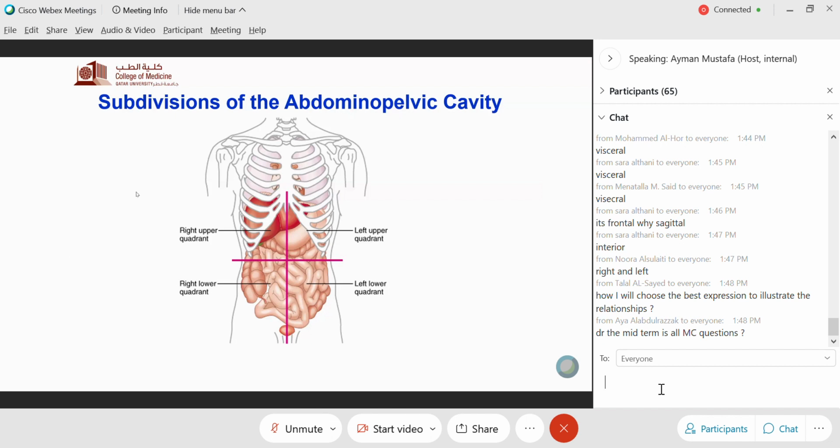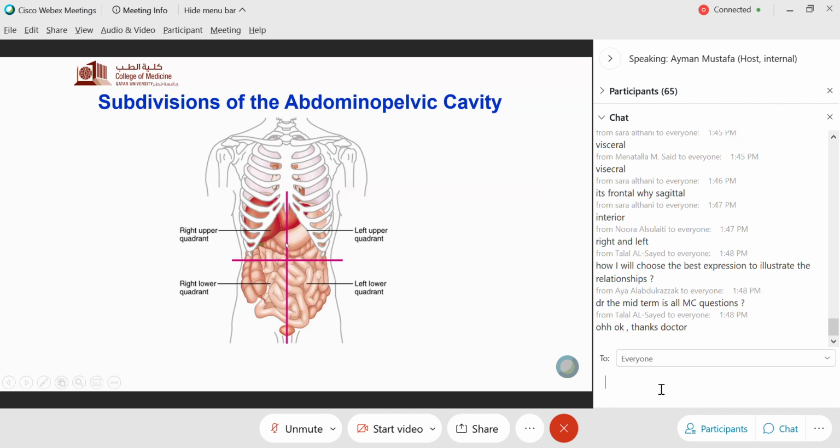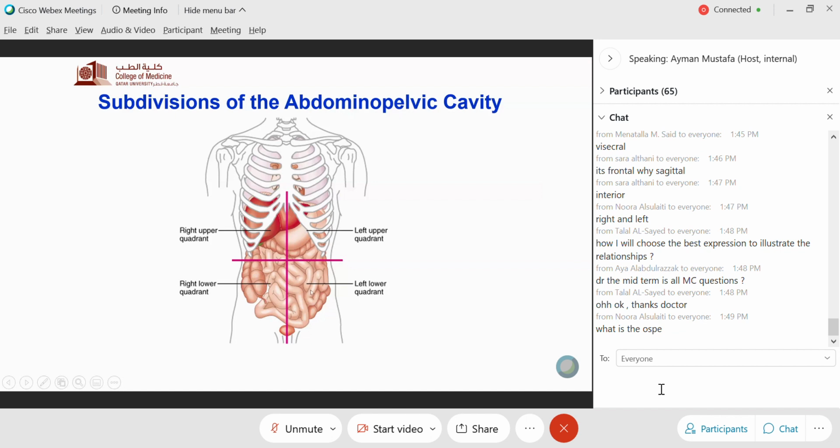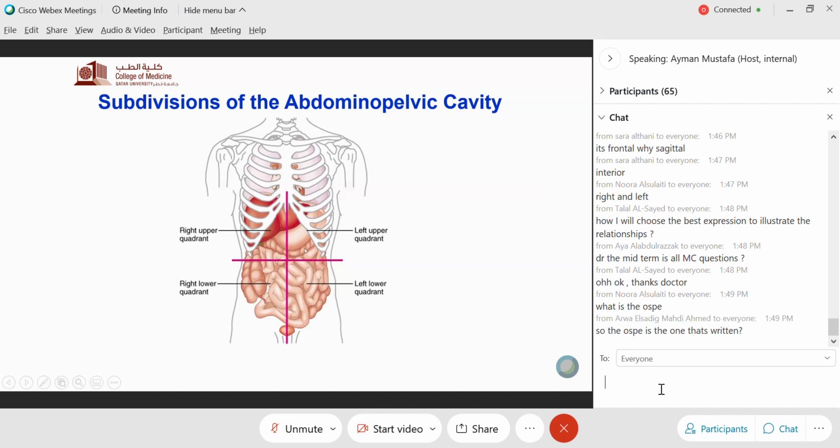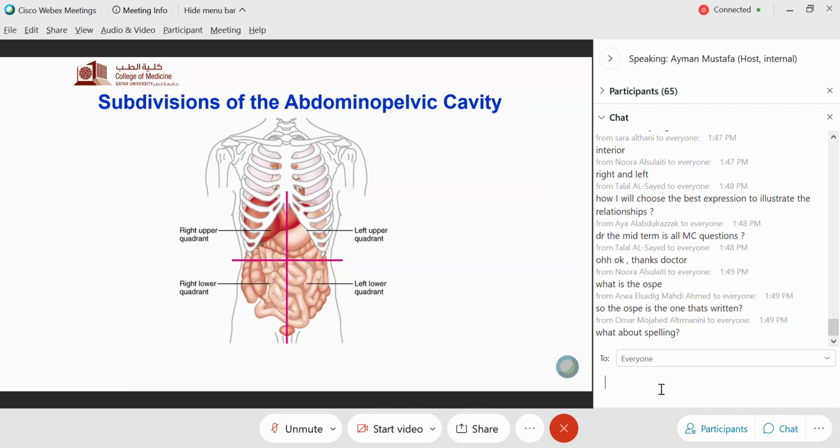So for the division of the abdominopelvic cavity, when I give you an organ, you should be able to tell: is it in the right upper quadrant, the right lower, the left lower, or the left upper? You should be careful about spelling so that we can at least read the word.